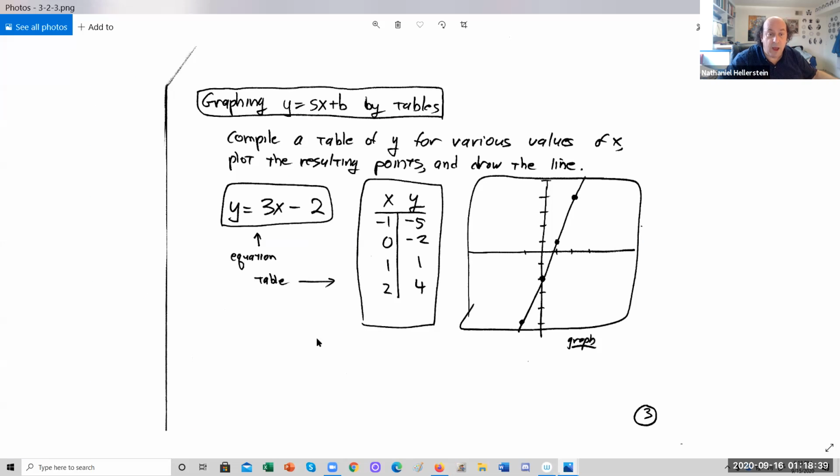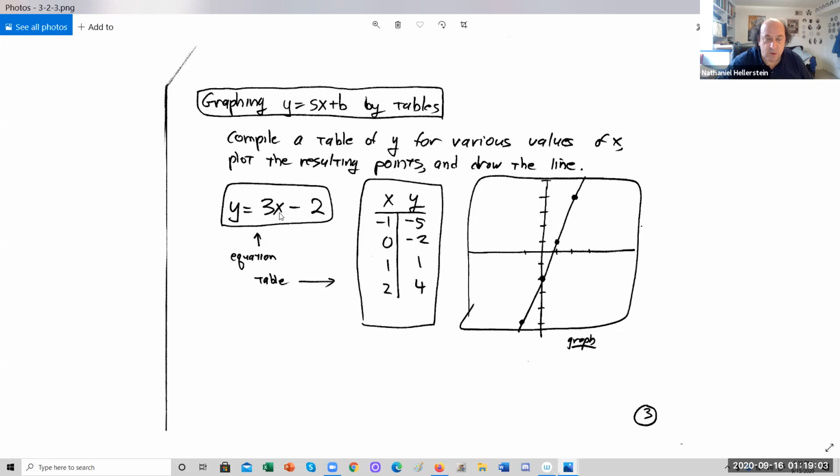Here we have a line given in slope-intercept form: y equals 3x minus 2. To graph that, we'll use a table of values. We'll plug in a couple of values for x, and you have a certain amount of freedom in choosing x. For each x, you can calculate the corresponding y. If x is -1, 3 times -1 minus 2 is -5.